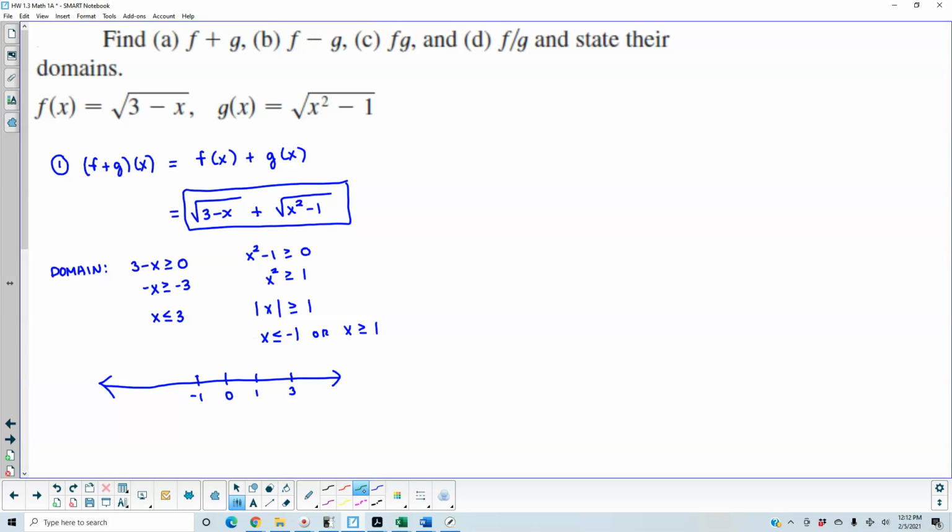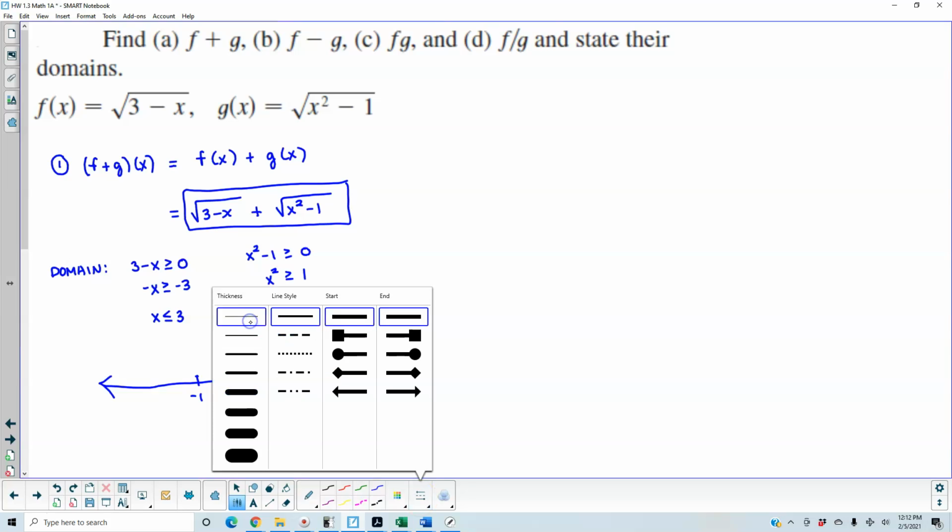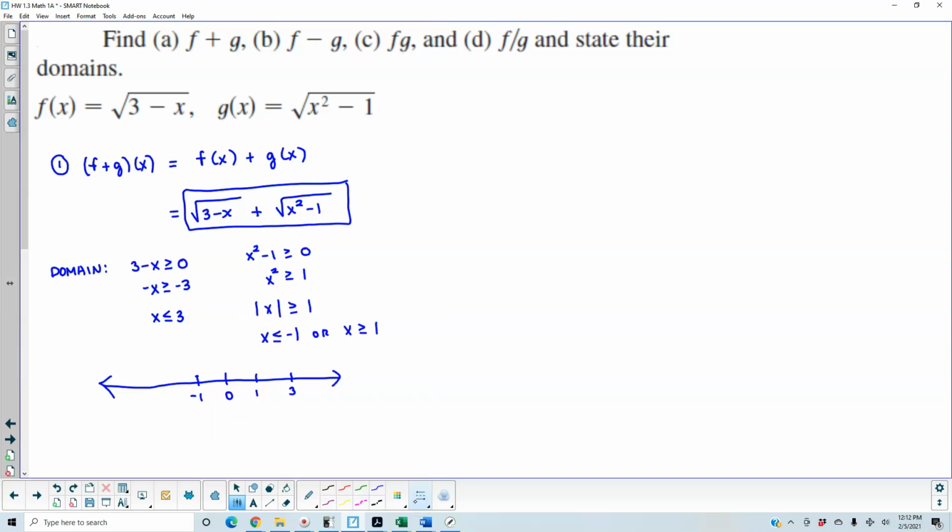So what do we know? We know that x is less than or equal to negative 1. So there's negative infinity. And we know that x is greater than or equal to positive 1.